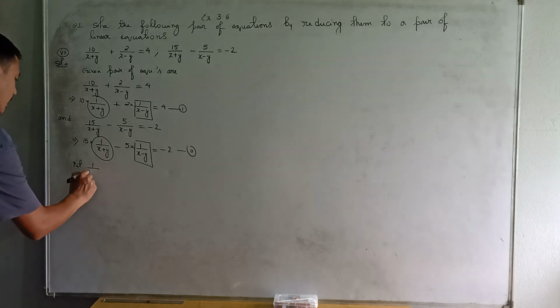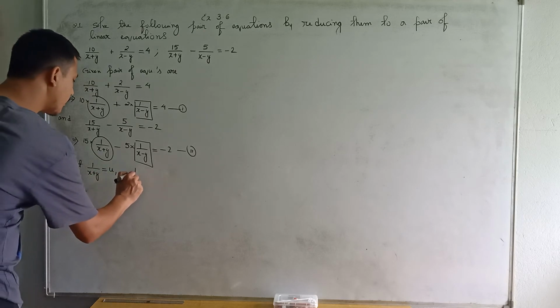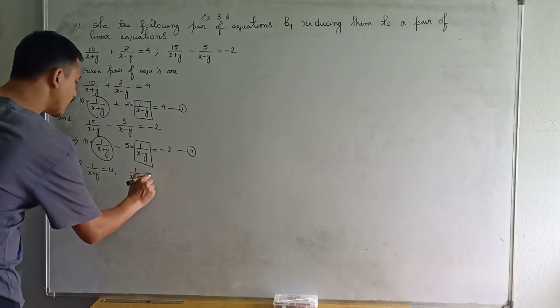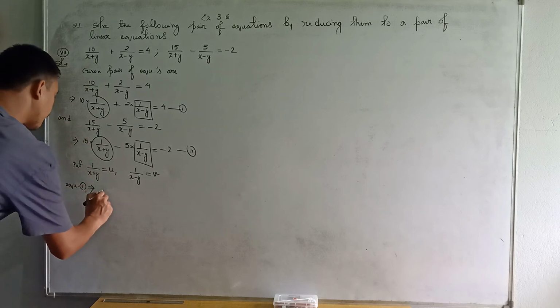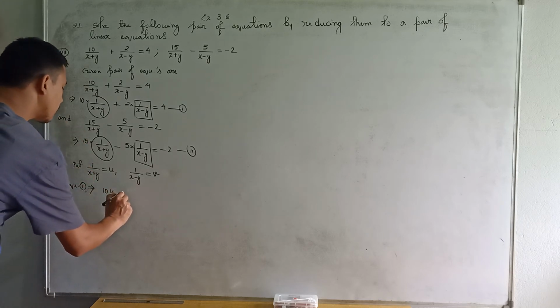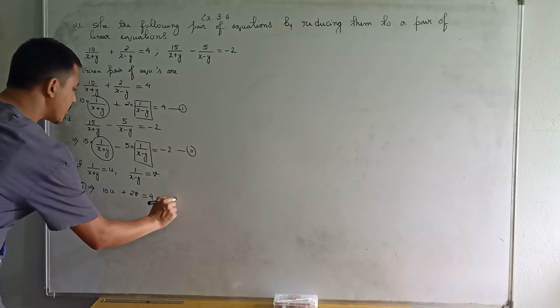So put 1 by x plus y equal to u and 1 upon x minus y equal to v. Then what will your equation 1 become? 10u plus 2v is equal to 4. This is your equation.